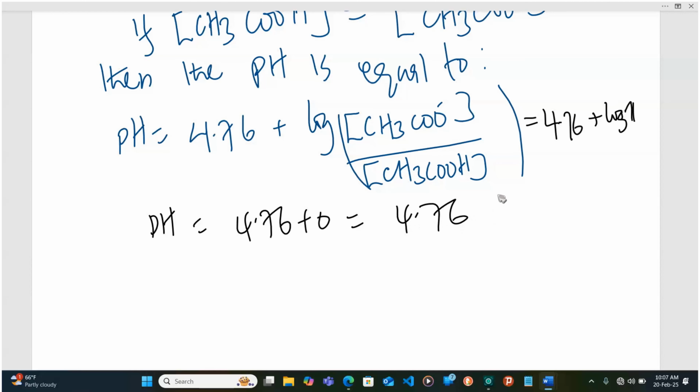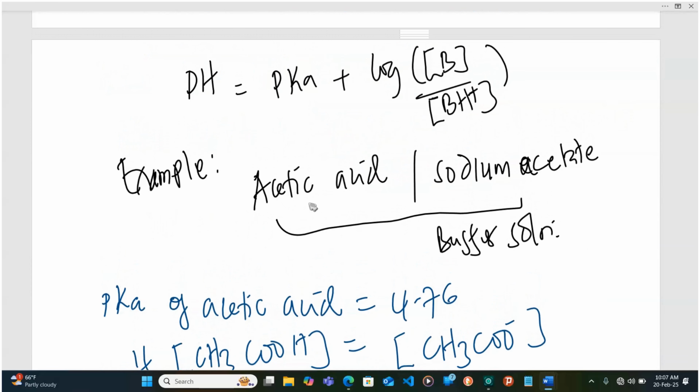So in that regard, you realize that if you have acetic acid and also sodium acetate forming a buffer solution, the acetic acid is the weak acid and sodium acetate is the conjugate weak base.